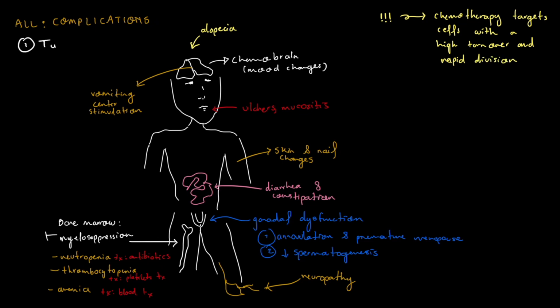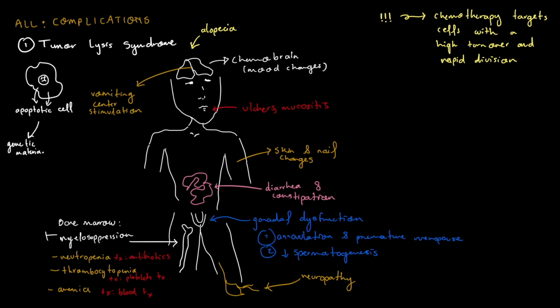And chemotherapy is going to affect target cells with a high turnover and rapid division. And the most important complication is tumor lysis syndrome. This occurs because a large amount of cells are getting into the apoptotic stage and thereby releasing a lot of material that can lead to a toxic state for the patient.